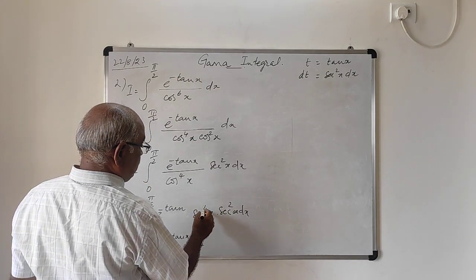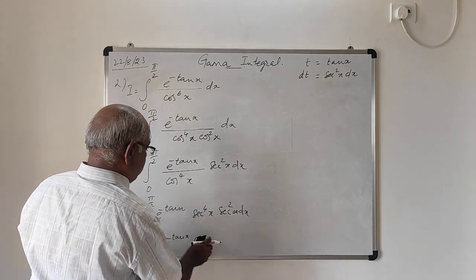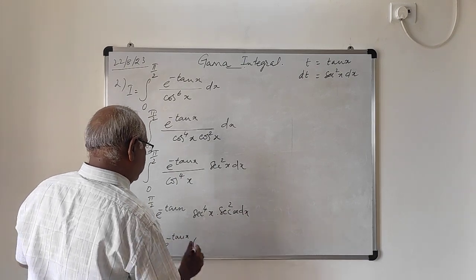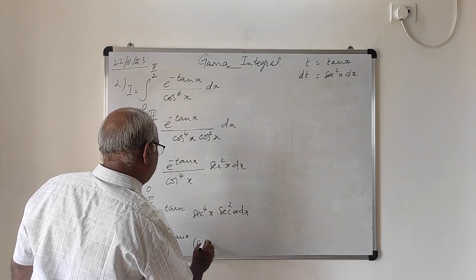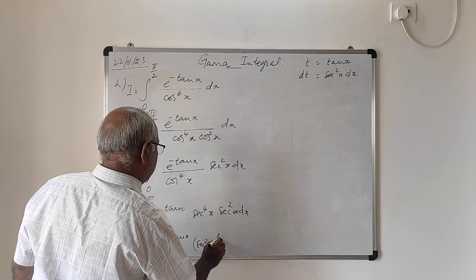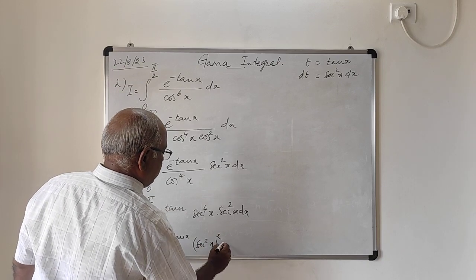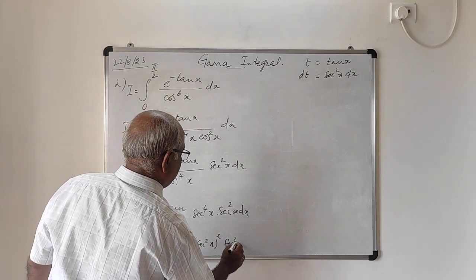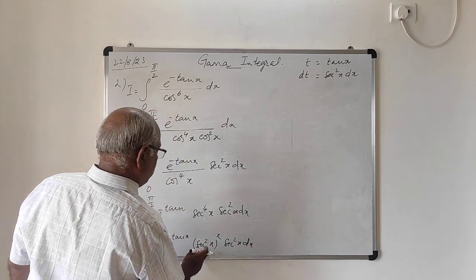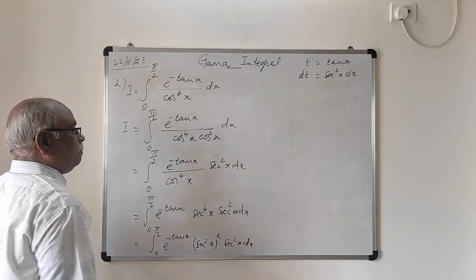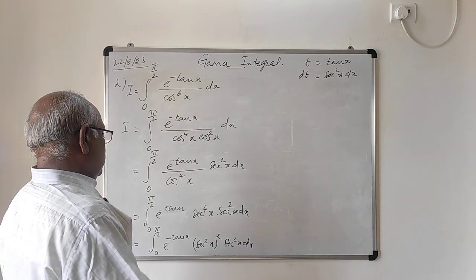Secant power 4x is secant square x whole square, into secant square x dx, and this secant square is 1 plus tan square x.